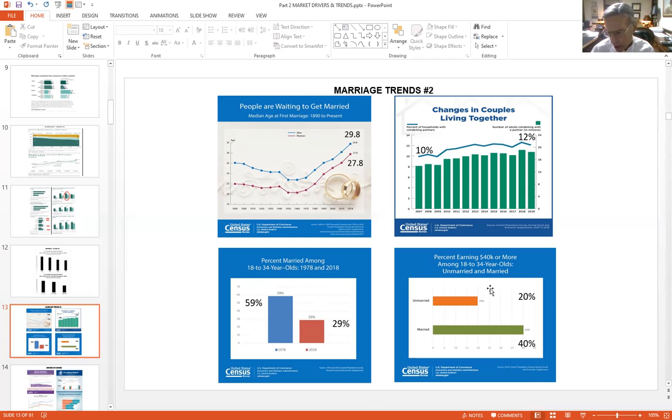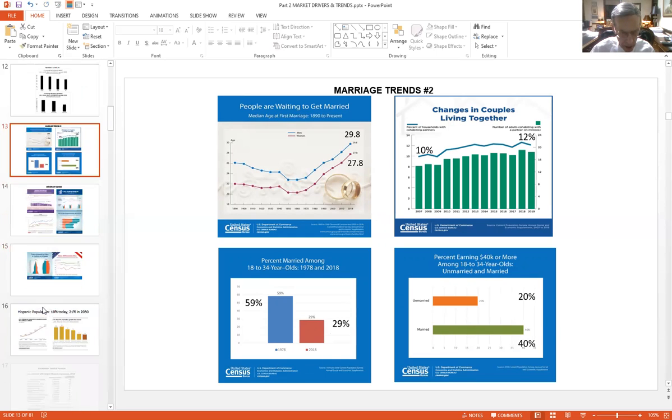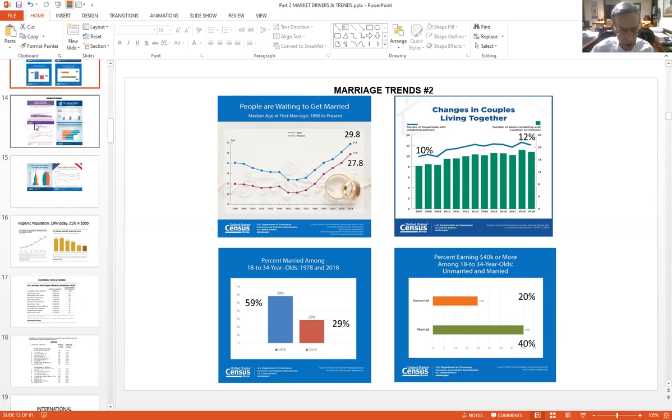And here's that statistic that I mentioned a moment ago. The folks earning $40,000 or more, if they were married, 40% did. If they were unmarried, 20% did. And of course, the difference is due to the fact that once married, people have obligations.